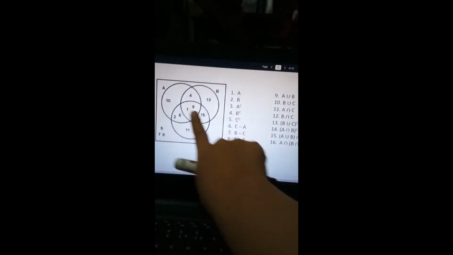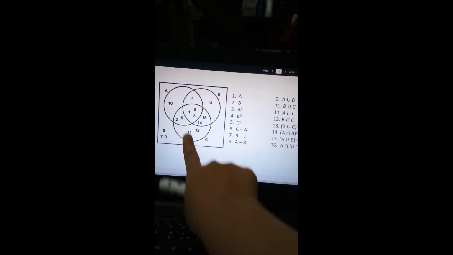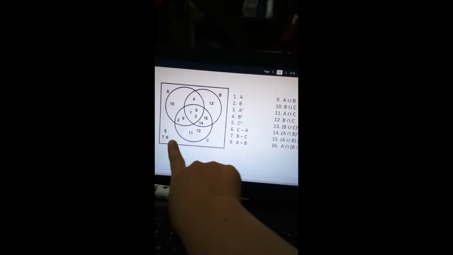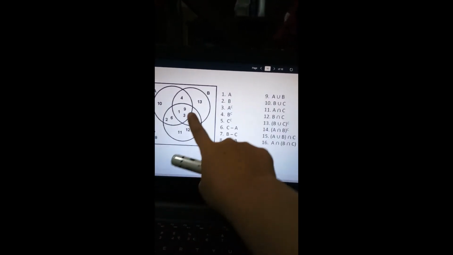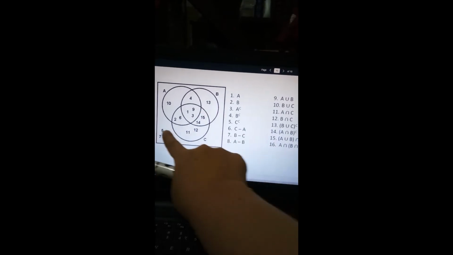Not set B, hindi daw set B. So, the answers are 10, 2, 6, 11, 12, 5, 7, and 8. Oh, not set C, number 5. Not set C, we have 10, 4, 13, 5, 7, 8.